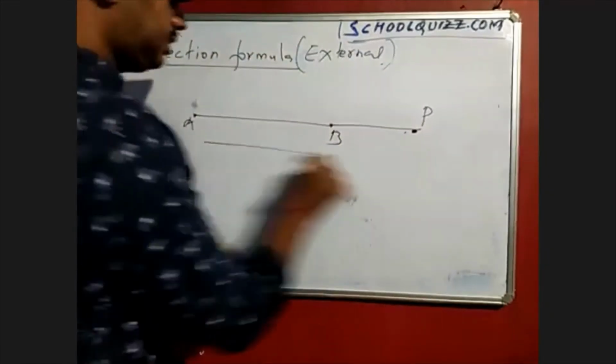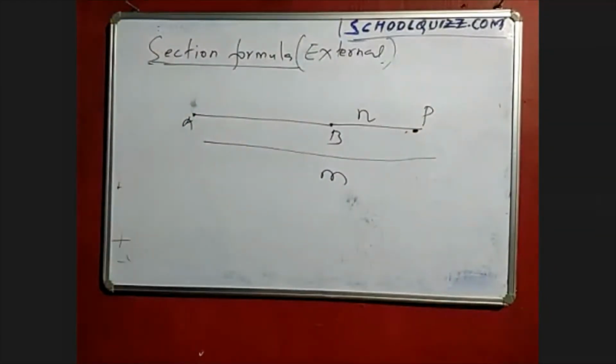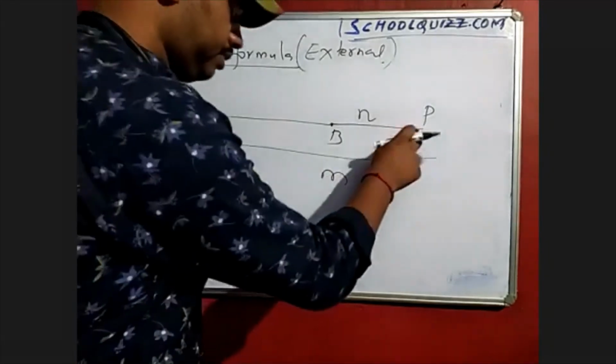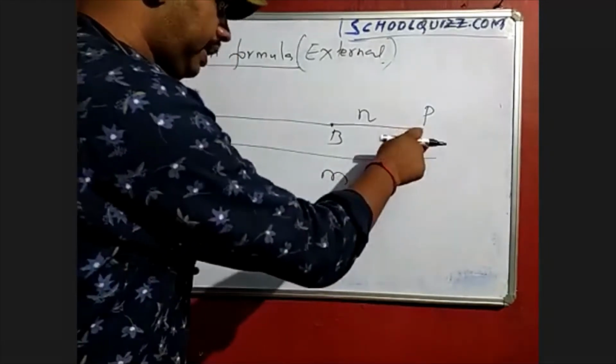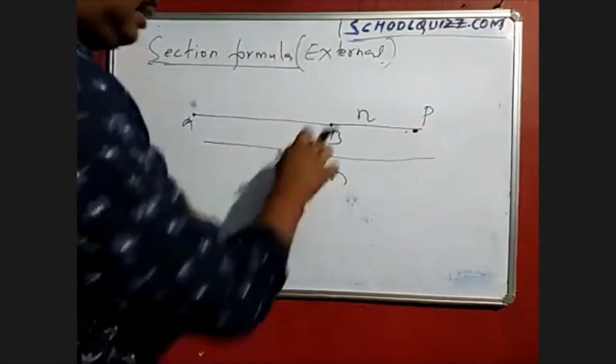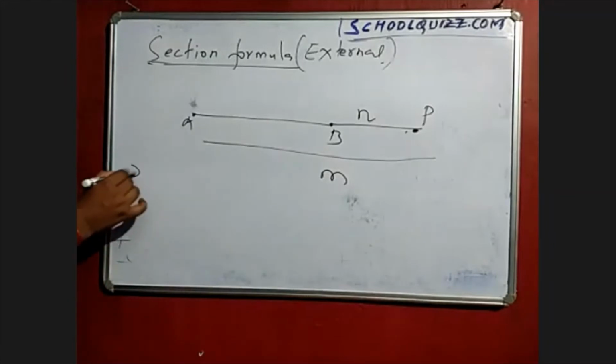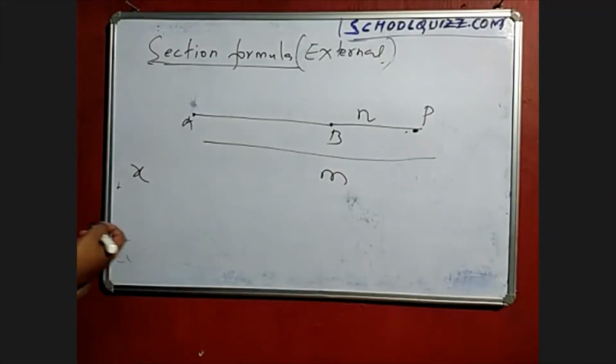So we get this is the M ratio and this is the N ratio. They are dividing in terms of this P. So A to P is M, and B to P is N.